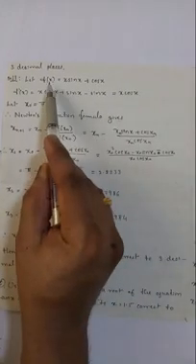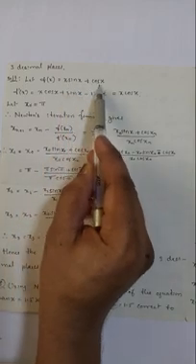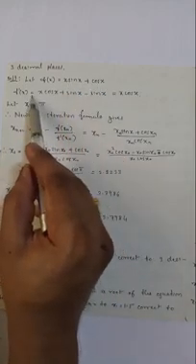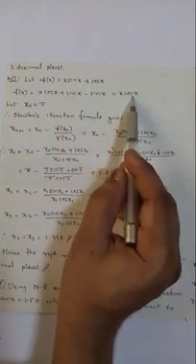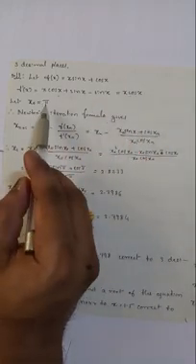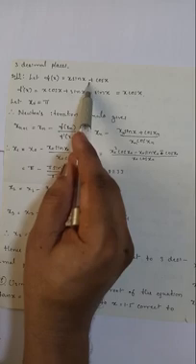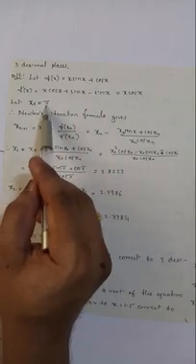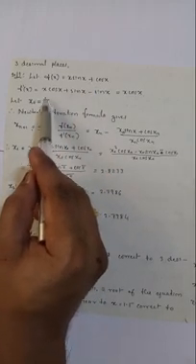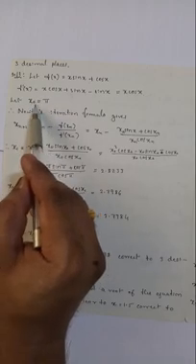The given function is x sin x plus cos x, then f dash becomes x cos x, and we have to find the root of this equation, and the root is near pi. Near pi means we have to take this x naught as pi.